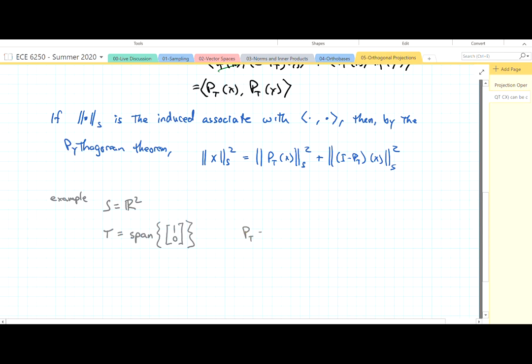So Pt could be, actually let's put it this way, defined by the matrix. Let's see, we'll have some x, and we want that to be, whoops, with a 0 down below.